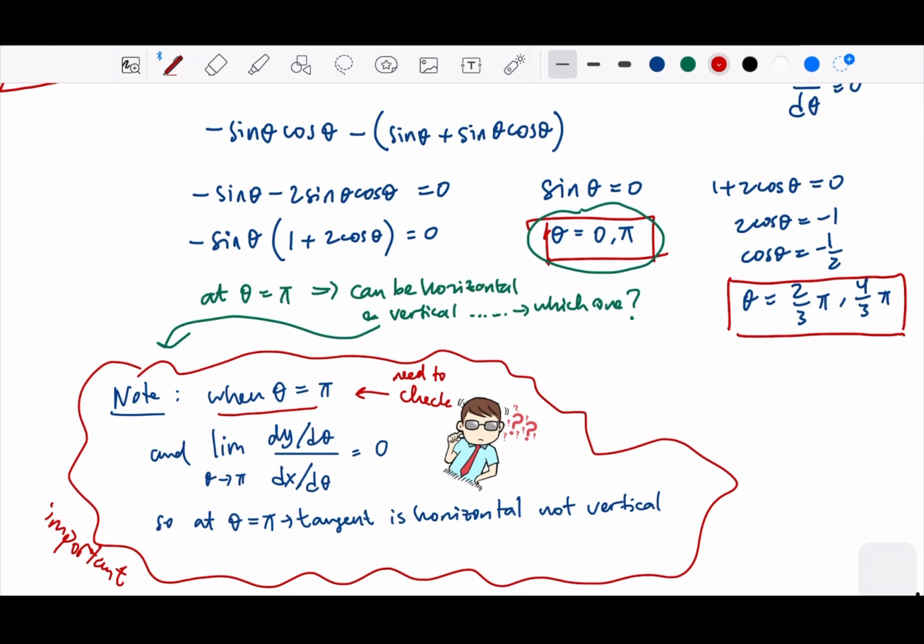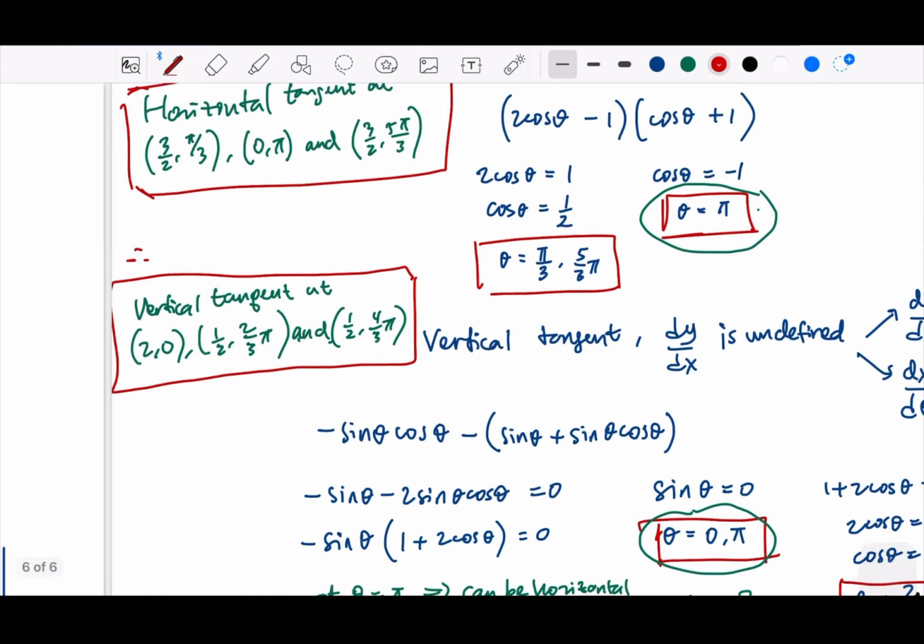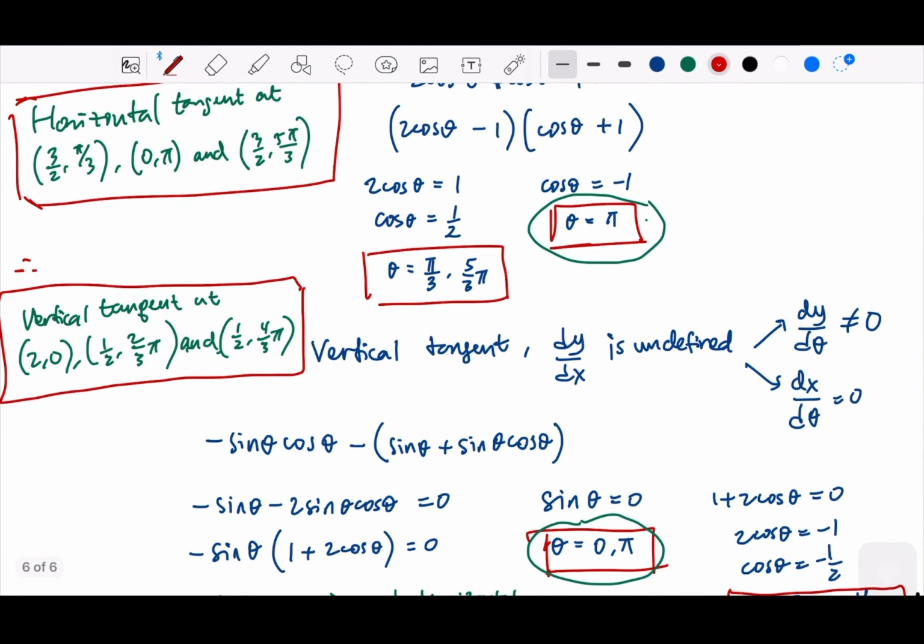It's actually horizontal and not vertical. So the vertical is only 0 and this angle, and the horizontal is up there. I think I wrote on the left side: horizontal, that angle, and it's r theta, so the radius theta. The vertical tangent is also that one there.